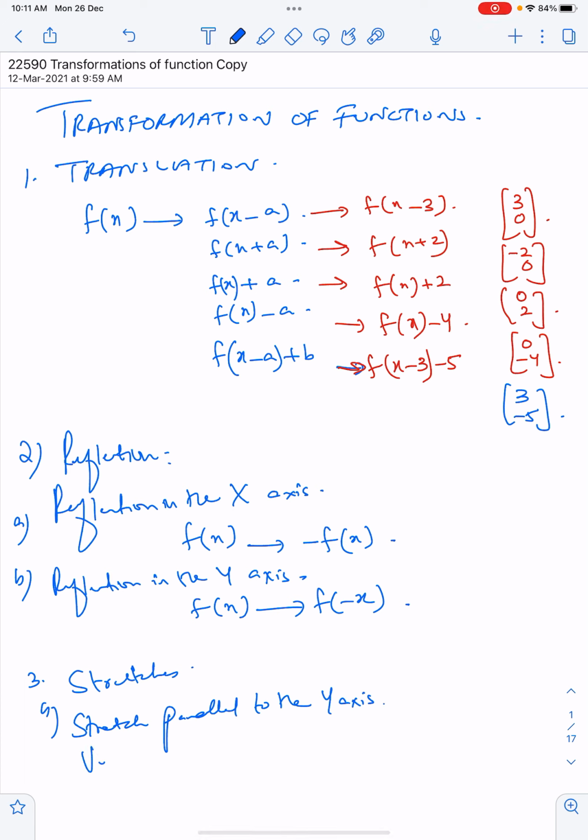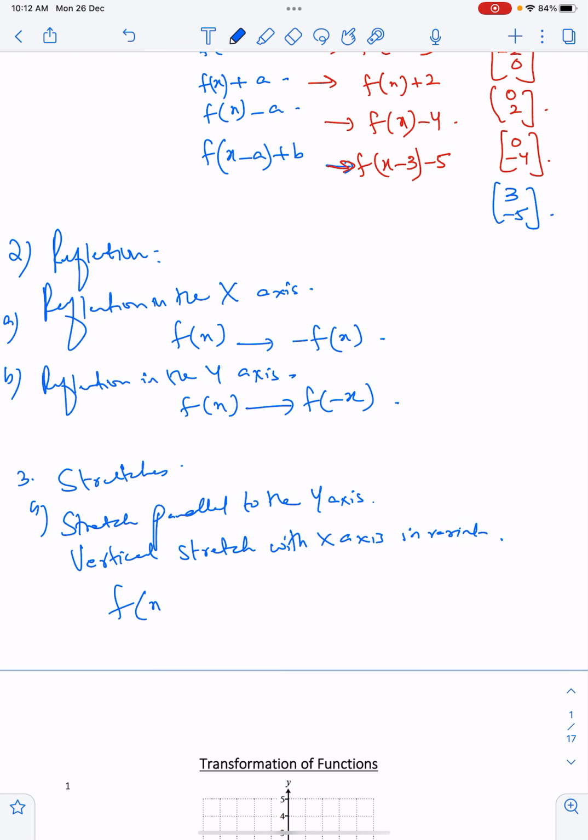It is also called a vertical stretch with x axis invariant. In this case, the resulting equation is going to be a times f of x. So, if it is a stretch of 2 units, it is going to be 2 f of x.